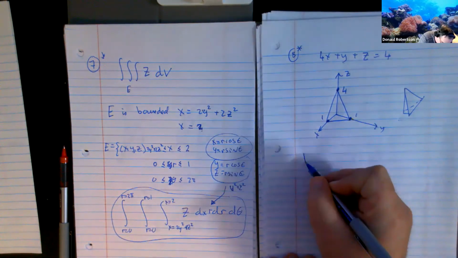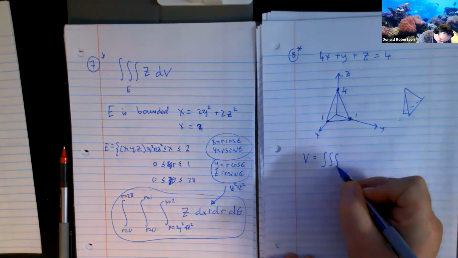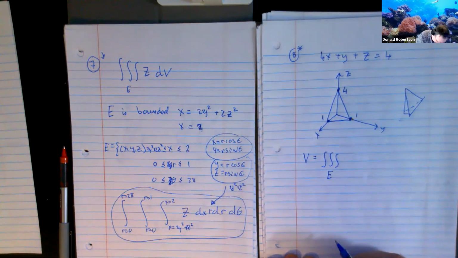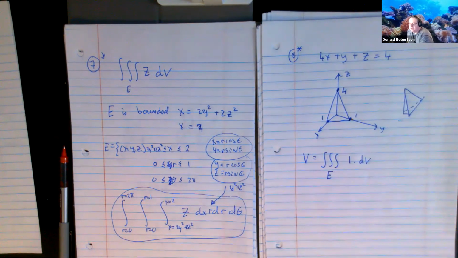So here's a very interesting triple integral property. The triple integral of some region E, 1 dV, is its volume.